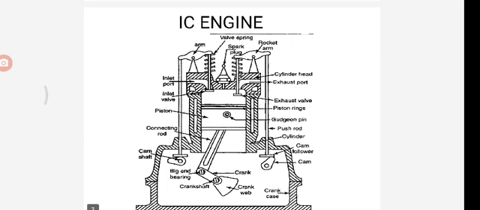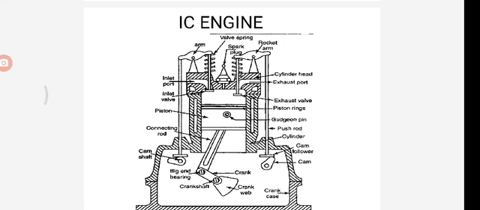So these are some parts of the IC engine. See here the crankshaft, crank, piston. In the piston, the piston rings and gudgeon pin are located. Cylinder. Here you can see the camshaft. Above the camshaft there is a push rod, and above that push rod is the arm, commonly known as the rocker arm.